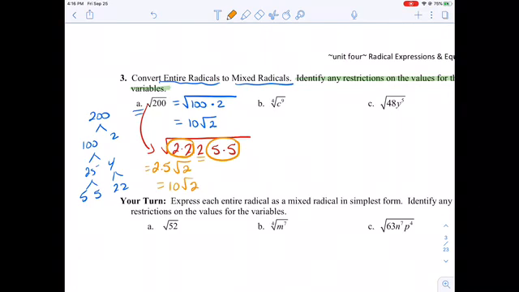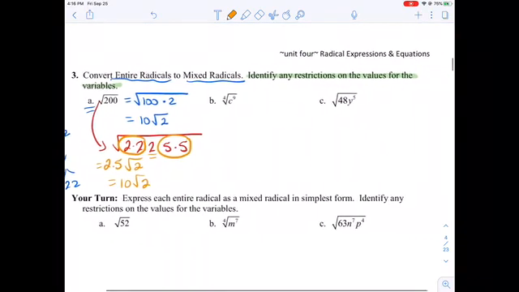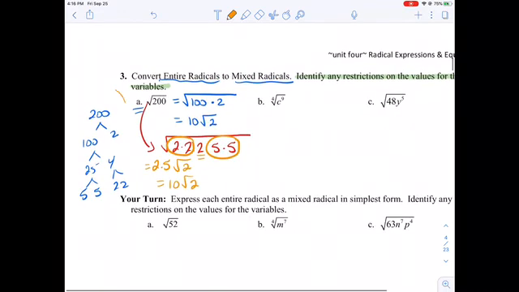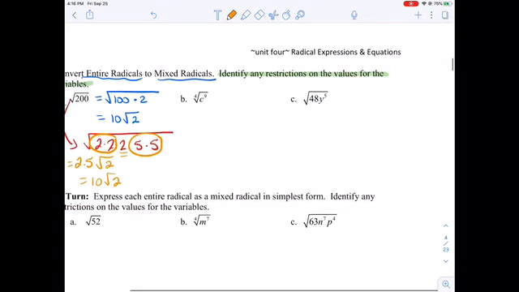Okay, so that's another way to do this question if you were unable to see right away that the 100 is the largest perfect square factor. Okay, let's look at the next question, B. Similar to this concept where I'm using the prime factorization, I can do the same thing with the C. So I'm looking at the fourth root of C times C times C times C, 9 times.